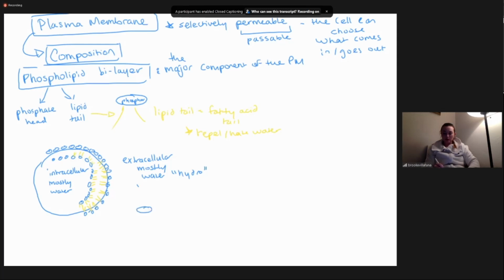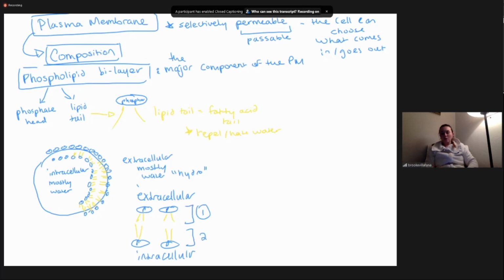So it looks like this, with extracellular and the phosphate heads being attracted to the extracellular, and then intracellular with the phosphate heads attracted there too. And then those fatty acid tails are trying to stay away. We call it bilayer because there's two sets. Does that make sense?